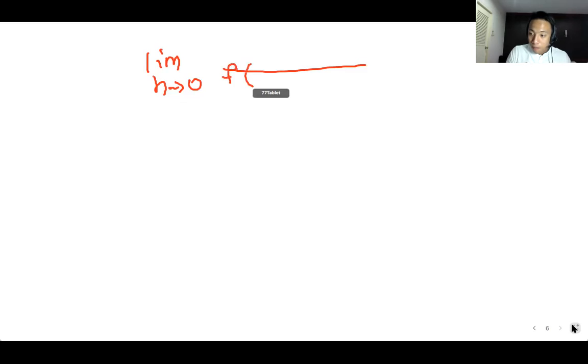Again, we have the limit of H approaching 0, and we have the line. And then F.